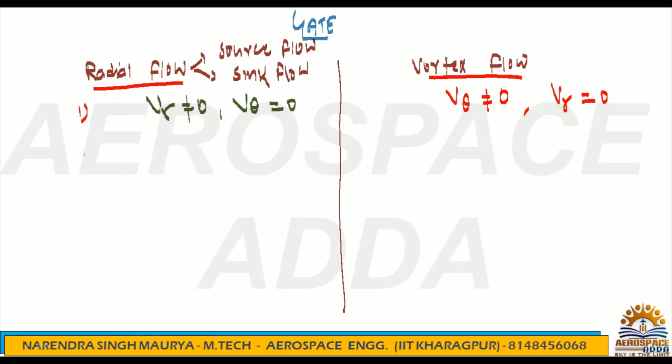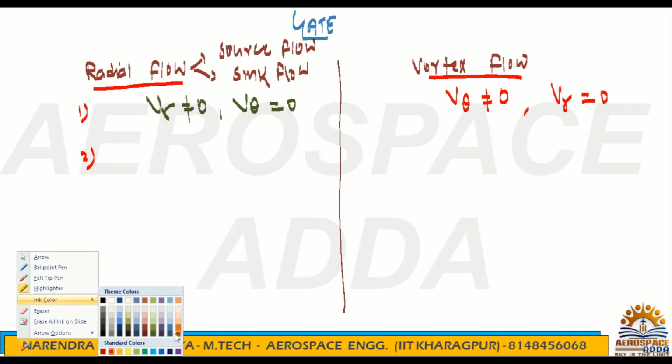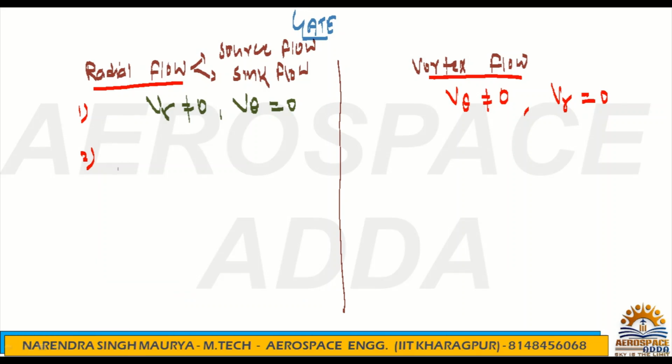First point. Second point: in case of the radial flow, or source or sink, all equipotential lines are circles.